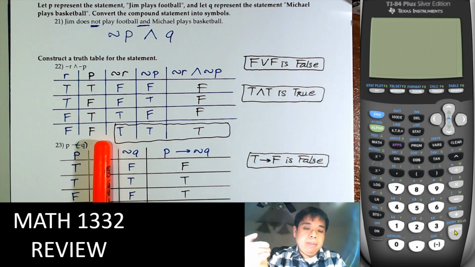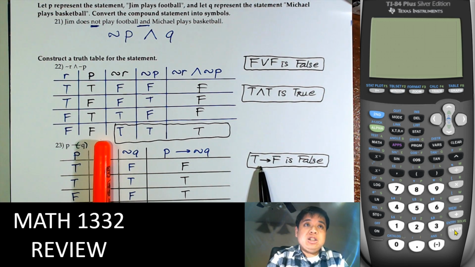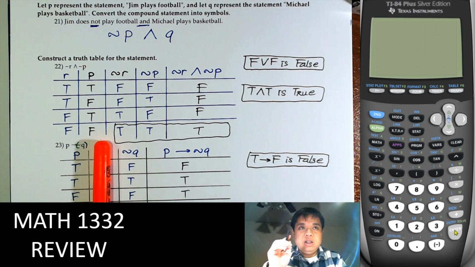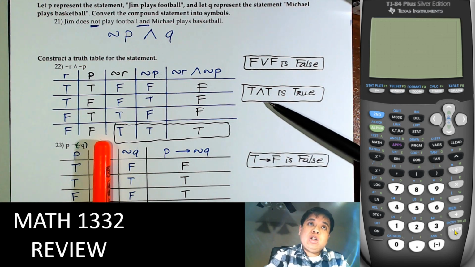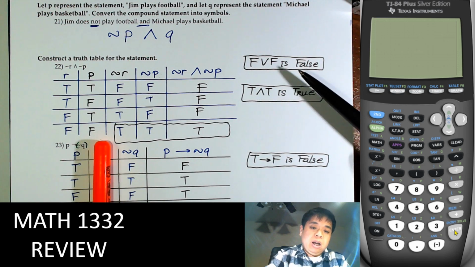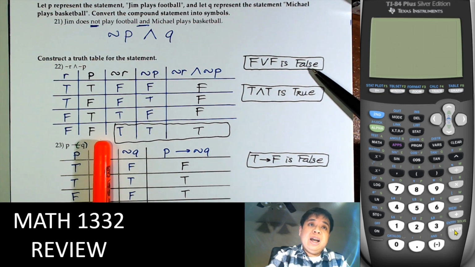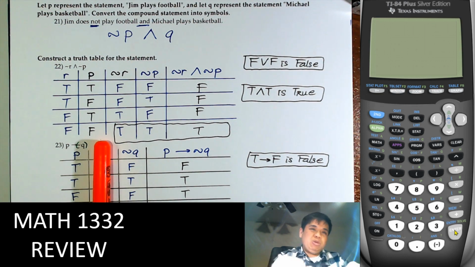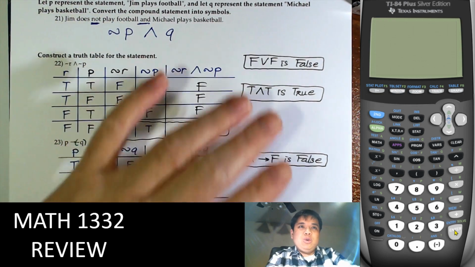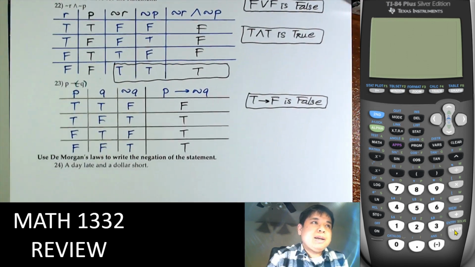The implication or conditional statement is false only if we have true to false. Everything else is true. Conjunction, if both of them are true, then it is true. Everything else is false. Disjunction, false or false is false. Everything else is true. So just remember the special case, and everything else is just the opposite.